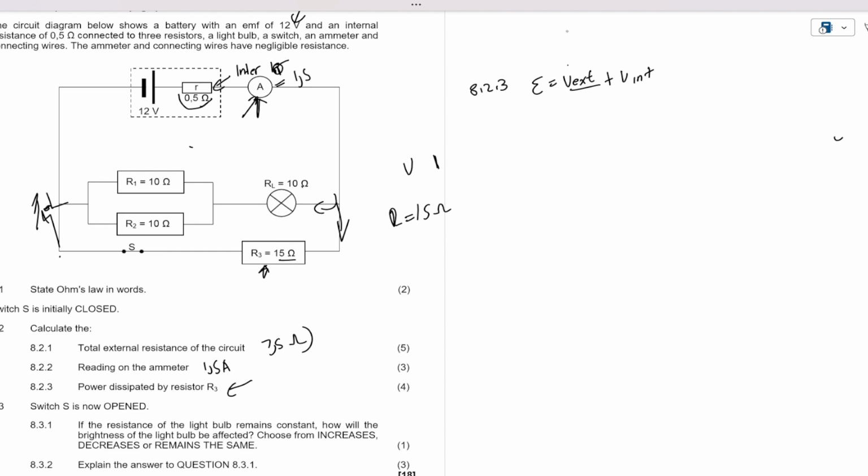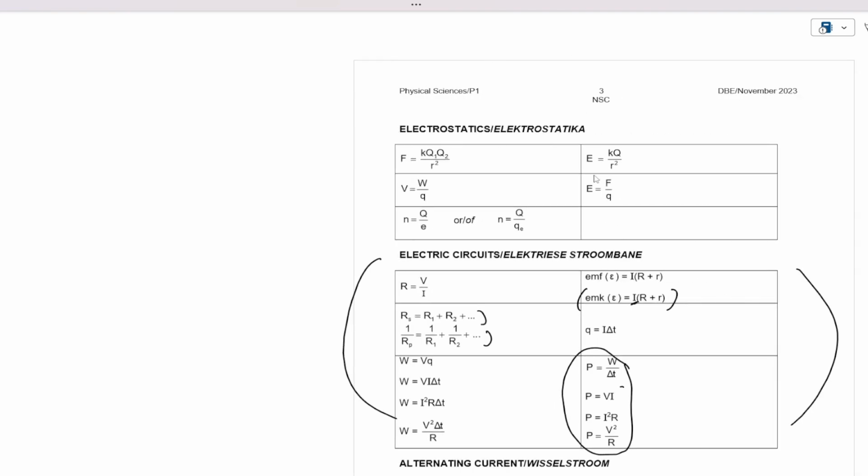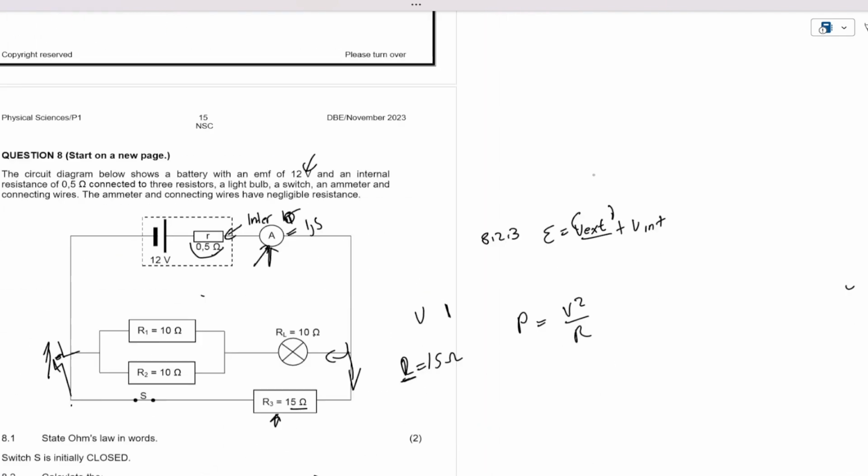It means that if we find the V external, we'll be able to find this V, and then we substitute because we have R. I think the one that has V and R is the one that says V squared over R. Let me confirm it in the formula sheet. Power equals V squared over R. Yes, that is the one that uses the V.